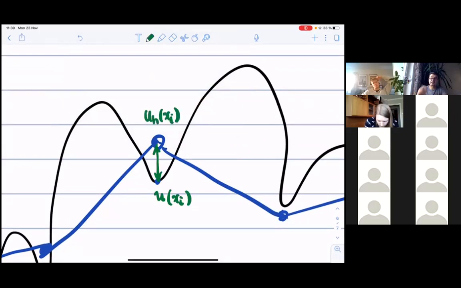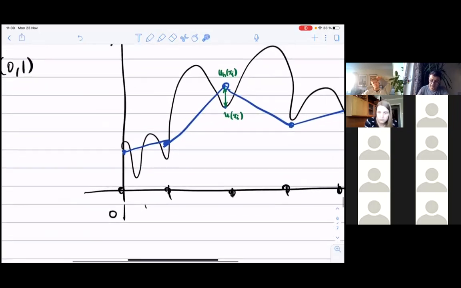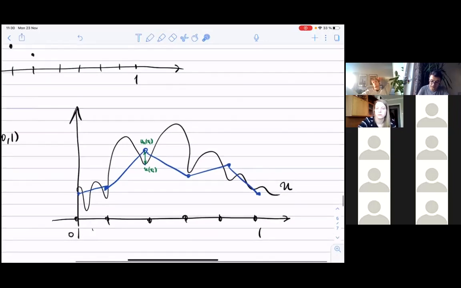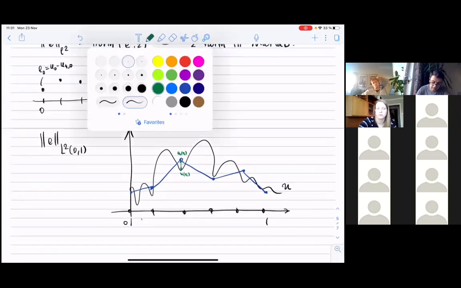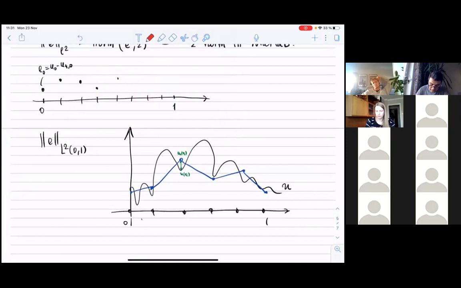It's a little distance for every point, but this is not correct in finite element. Our approximation is a function. So we have to actually calculate this one, our error. This is not the pointwise error. It's like a big neighborhood. Like that. So you have to calculate the integral.